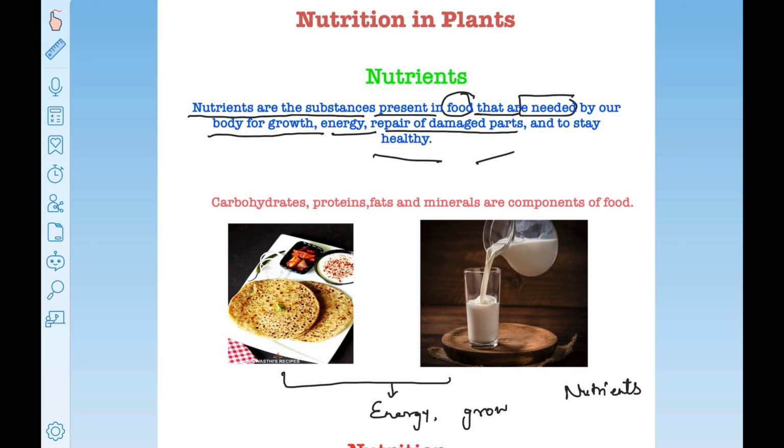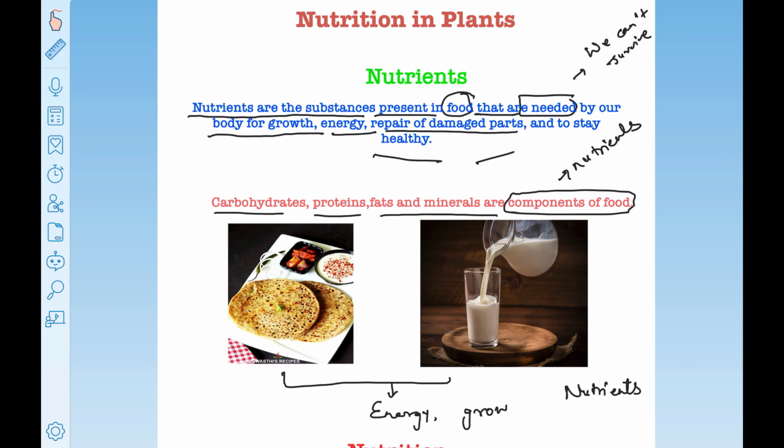So we can say that without nutrients we cannot survive. Right? So carbohydrates, proteins, fats and minerals are some major components of food. And these components of food are what? Nutrients. So nutrients are also known as components of food.